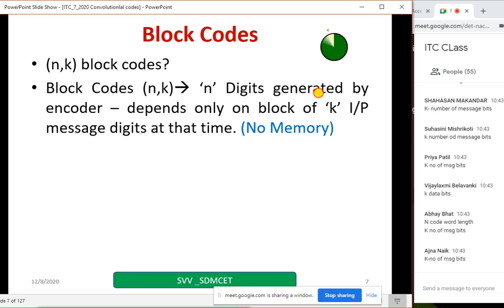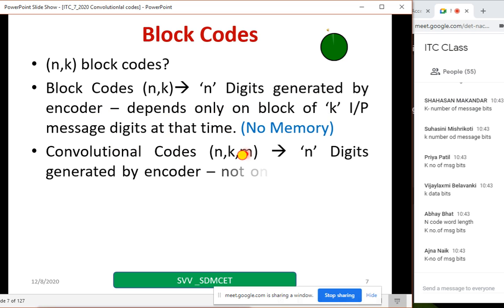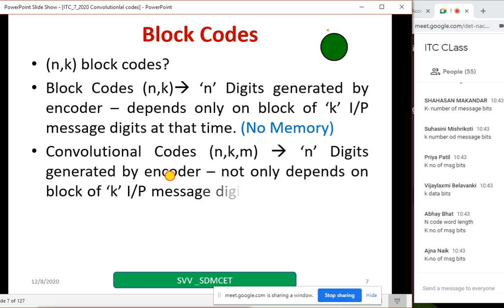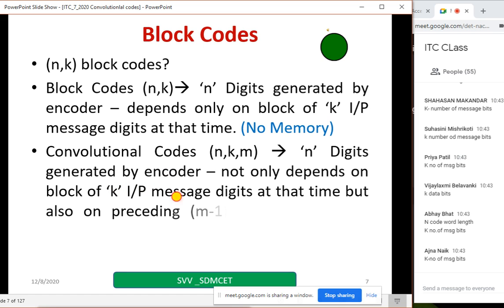Hence we call this as having no memory. In convolutional codes n, k, m, the n digits generated by the encoder depend not only on the block of k input message digits at that time, but also on the preceding m-1 blocks of message digits. In brief, convolutional codes have memory, whereas block codes do not have any memory.